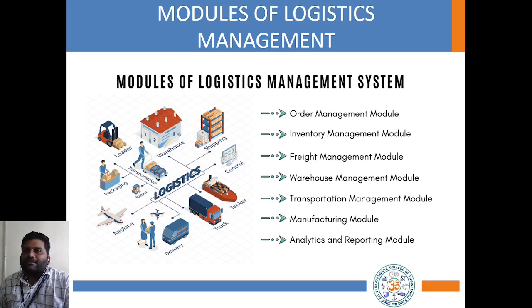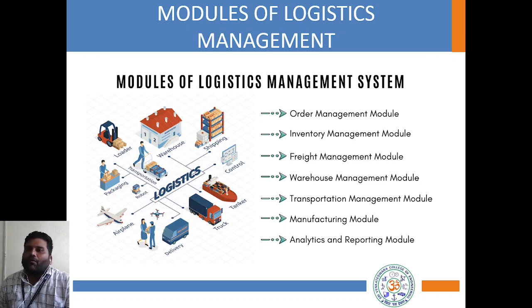So here is an example of different modules as we discussed over there. It has order management module, inventory, freight management, warehouse, transportation, manufacturing modules, analytic and reporting module. If you see the last one, that is the development of logistics from the previous to the current system, because analytics and reporting module was not available.